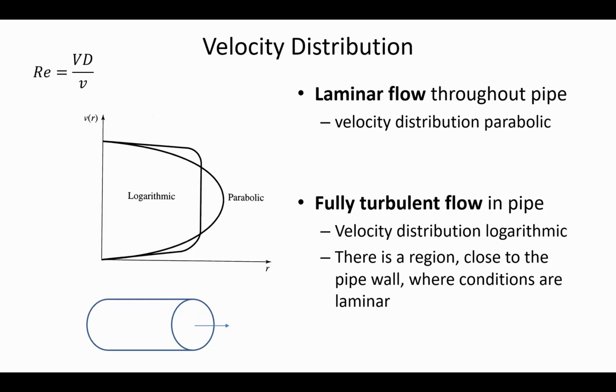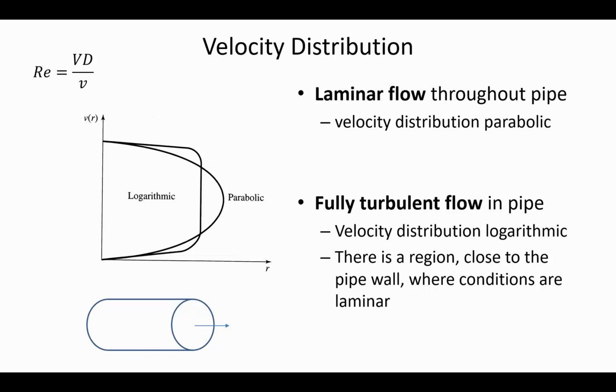All right, so velocity distribution is caused in a pipe because of the no-slip condition at the boundary between a liquid and a solid pipe material, and the shear stress that's being applied by the pipe to the water as the water is flowing through the pipe.